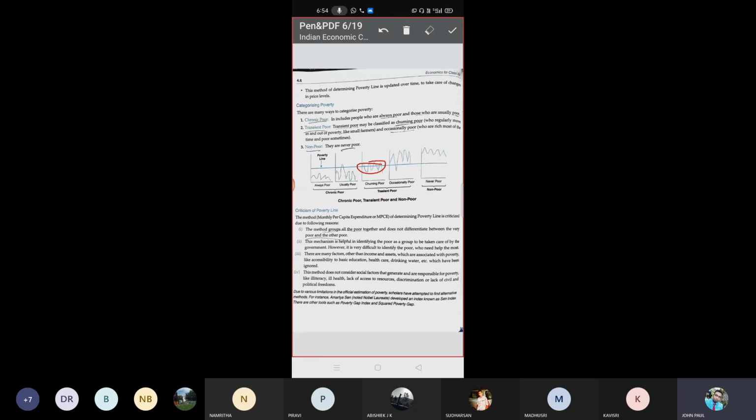At the end of the month they go back to the same position. The non-poor definitely won't come under the poverty line. These are the categories of poverty.